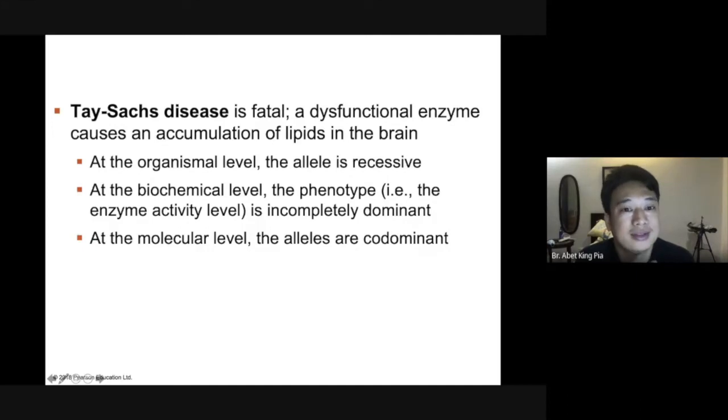Or else, kung isa lang yung present na magpapakita ng molecules that are needed for the production of whatever enzymes, kailangan mag-appear yung both na alleles for Tay-Sachs. Pag hindi siya present, edi good. Pero pag present siya, tataas na siya sa biochemical level.